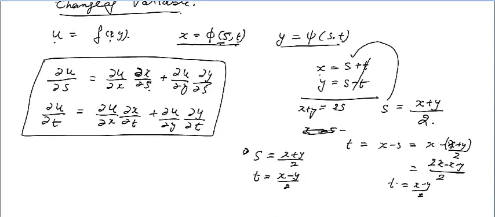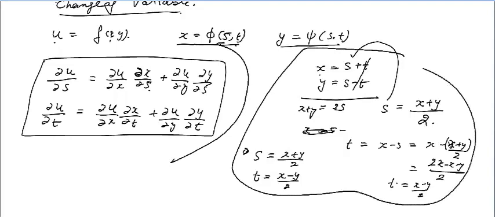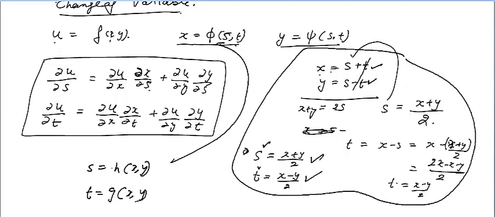So sometimes x and y are depending upon s and t, where s and t are any variables, and you can also write s and t depending upon x and y. In general, you can write s as a function of x and y, and t as another function of x and y. That is the example I discussed.